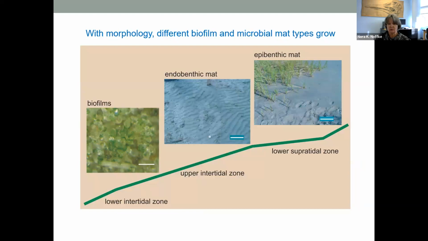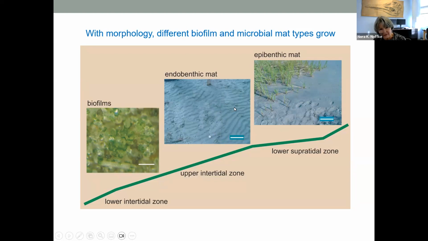Now, with respect to the situation of a microbial mat, like here in this example in a tidal flat, different types of colonization, different types of microbial mat form. We can have just biofilms that form around individual grains. That is the case in the lower intertidal zone, where the sedimentary surface is constantly reworked. So no real microbial mat can form. In the upper intertidal zone, we may have endobenthic microbial mats, which are microbial mats that live inside the sediment in the uppermost millimeters.